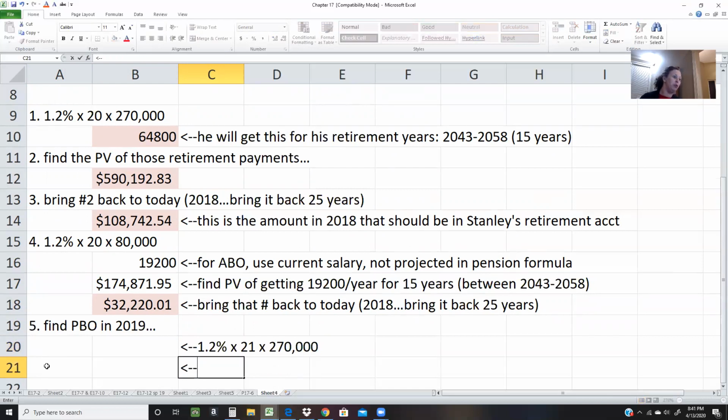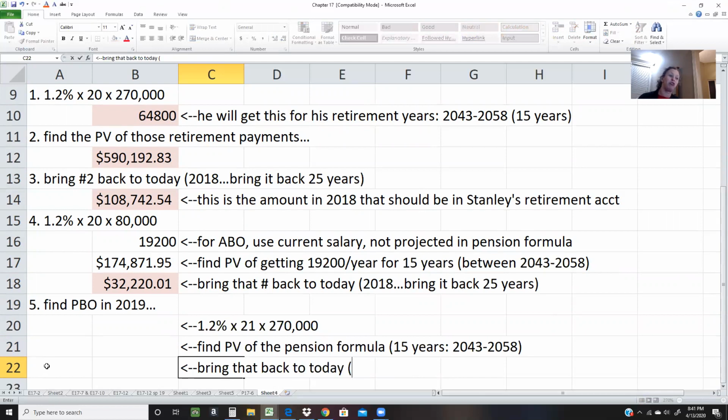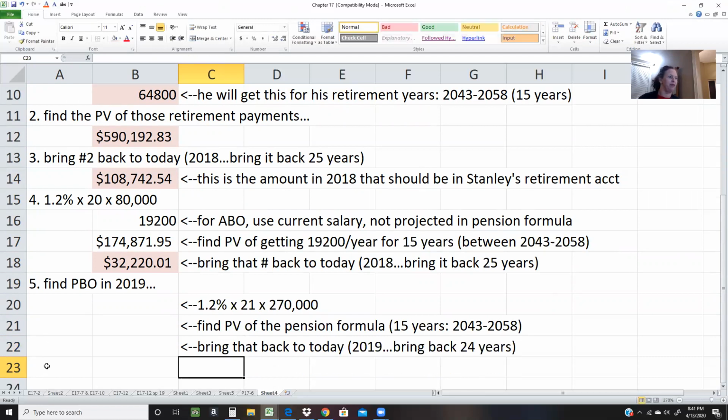And then step 2, find the present value of that pension formula, and still for 15 years of retirement, 2043 to 2058. And then bring that back to today, which is 2019. Bring back 24 years instead of 25.